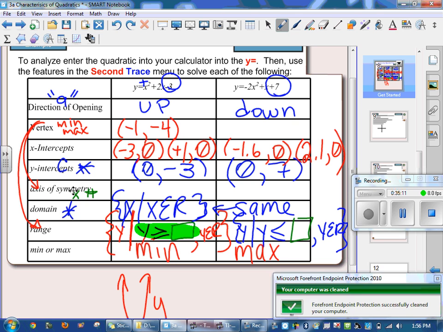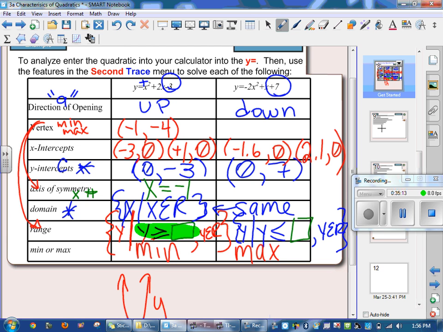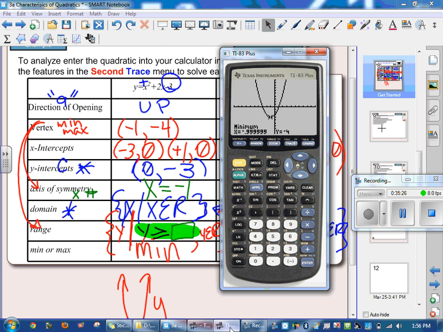Now we're going to do the same thing on the right-hand side. Okay, so take your calculator again, go to your y equals and put the other equation in. Insert a negative sign there, and then we have what? A +7? +7. Okay, so there's my new graph. I need to find second trace. It's going to be a maximum. Okay, how come it's maximum?